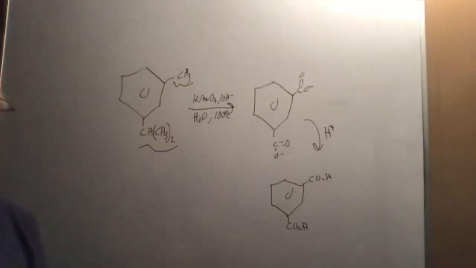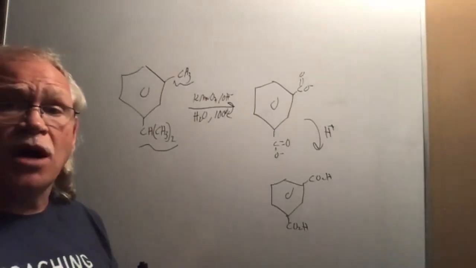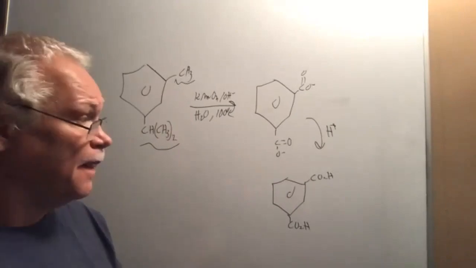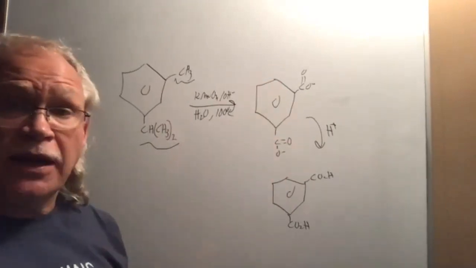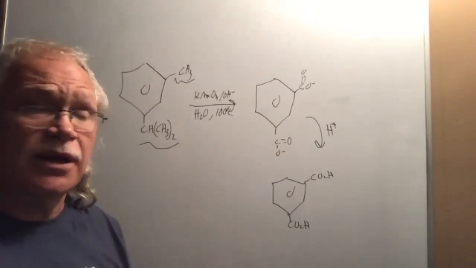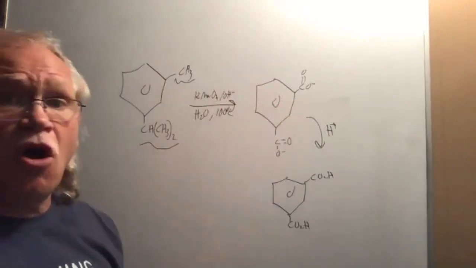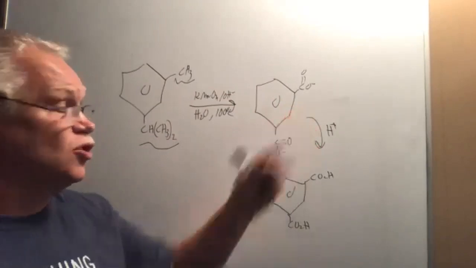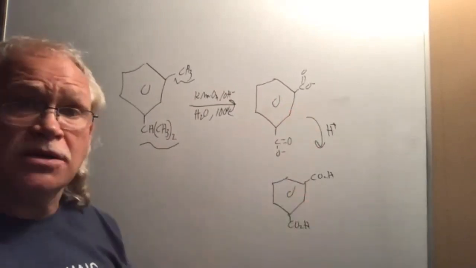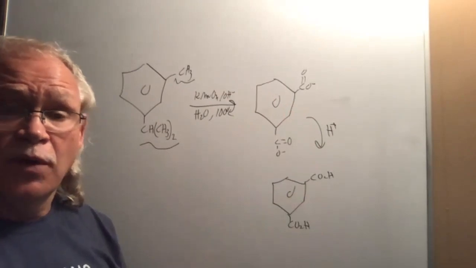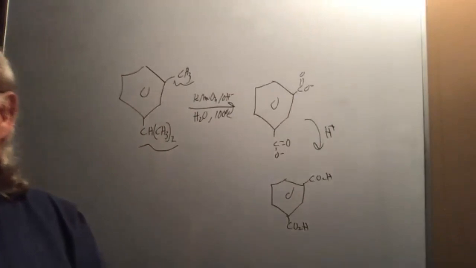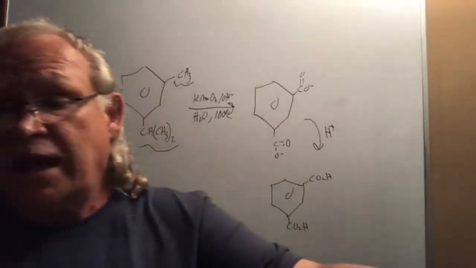We don't know a way to add a carboxylic acid group to an aromatic ring, but we know how to add an R group, and now we can take that R group and turn it into a carboxylic acid. On the test, I can give you a reaction in which you do that, and we'll look at some examples in just a second.